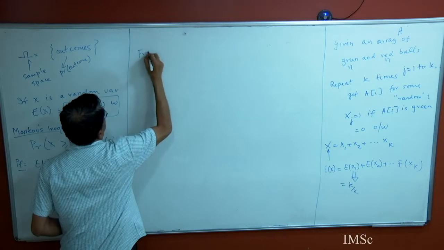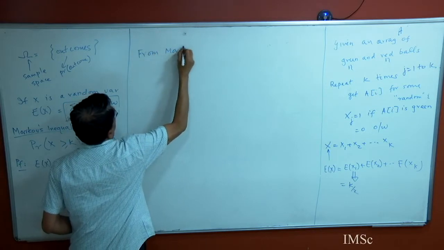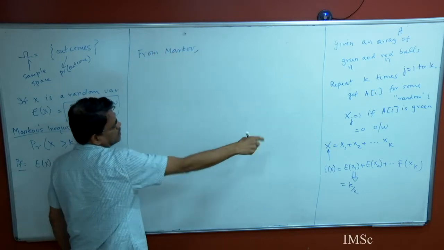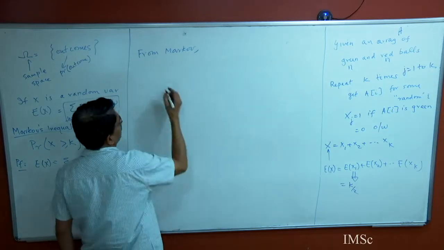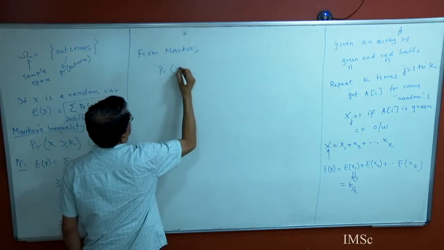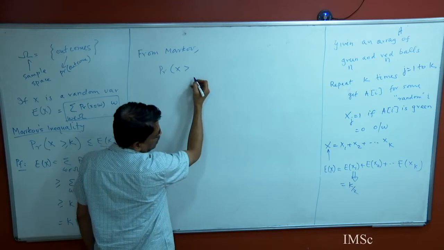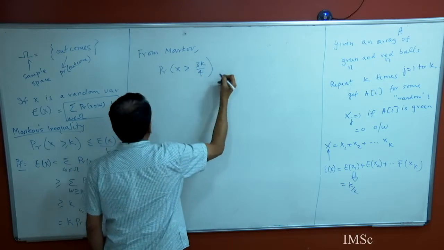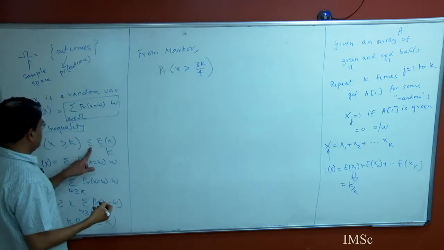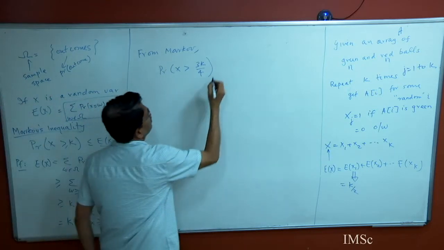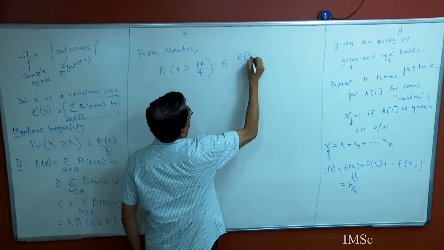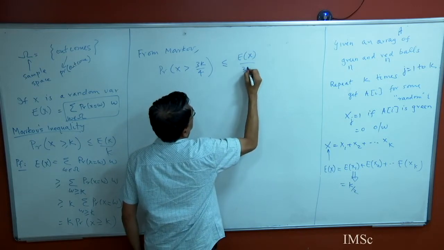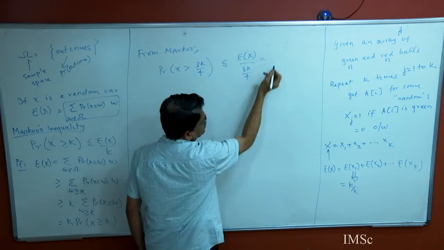So from Markov, for this experiment, which is the running experiment for all the inequalities, the probability that x is greater than 3k by 4 is at most the expected value of x divided by 3k by 4. And what is the expected value of x?